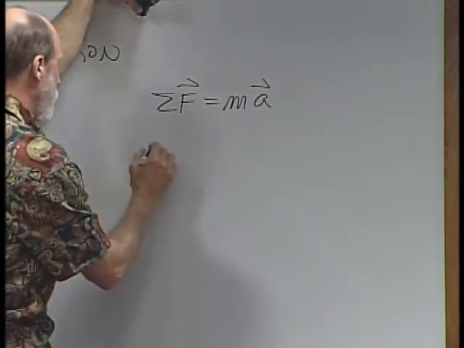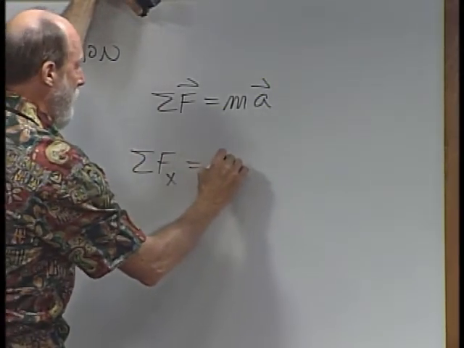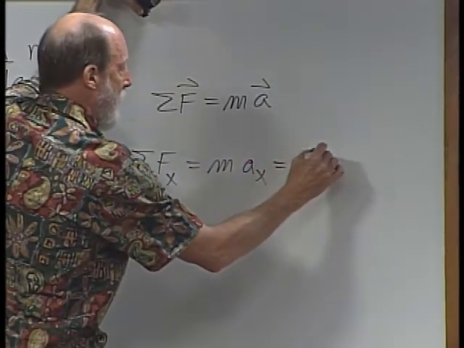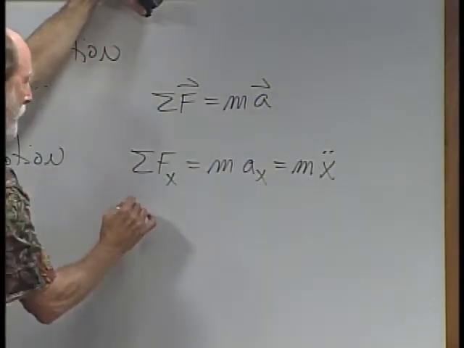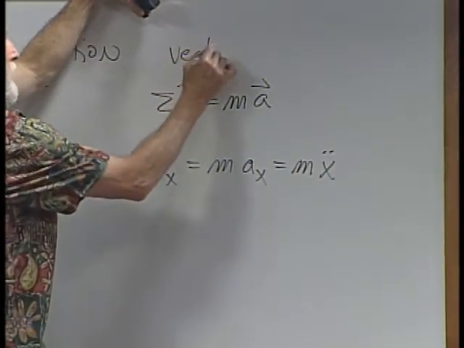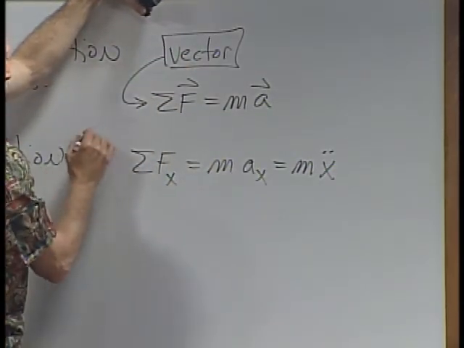Okay. So what we might have is the sum of forces x equals the mass times the acceleration in the x direction, which would be m x double dot. Notice this is a scalar equation, and we have a vector equation up here. And now we're talking scalar.